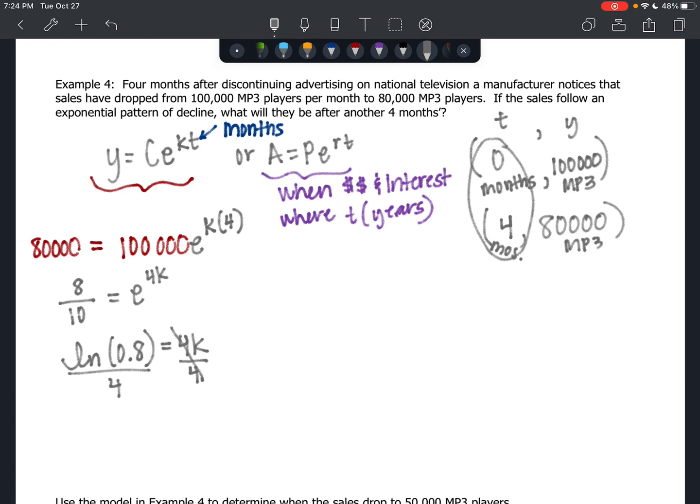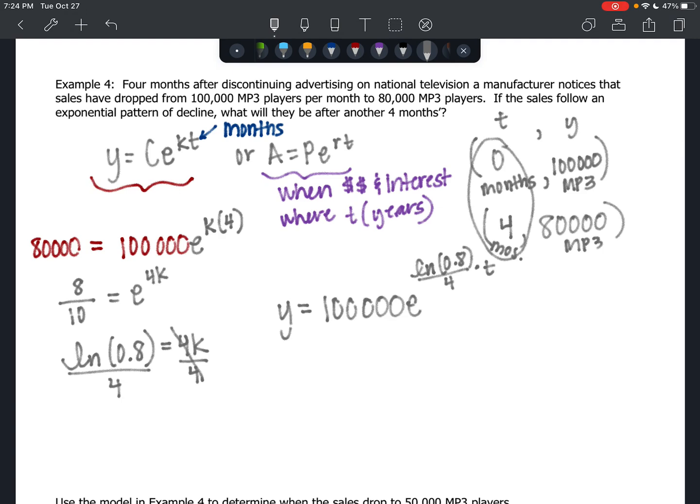Why do we need to do that? Because we need to go back to our formula and put in the natural log of 0.8 divided by 4. We want to know what's going to happen in another 4 months, and then that's times t.